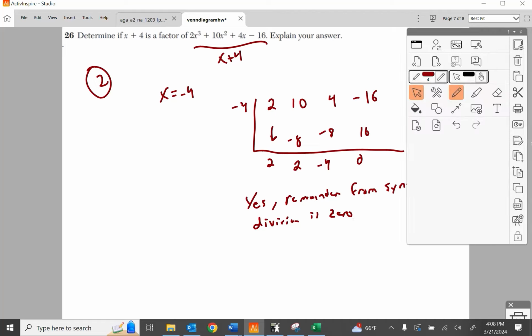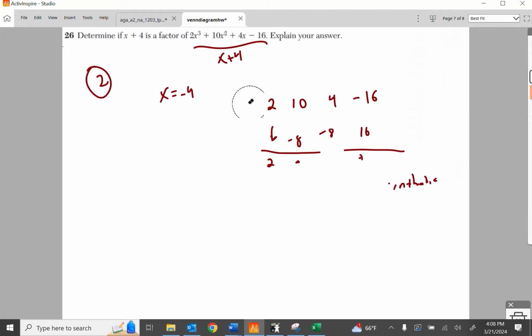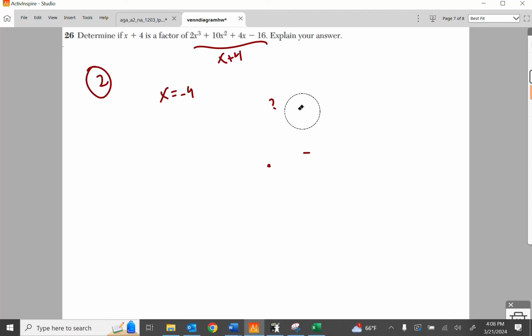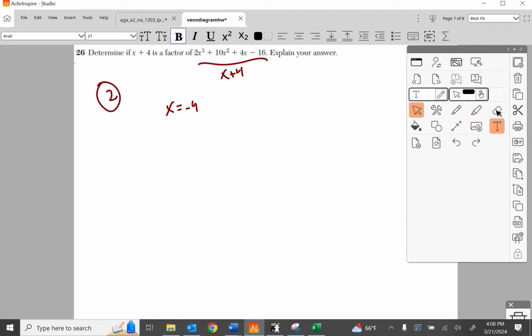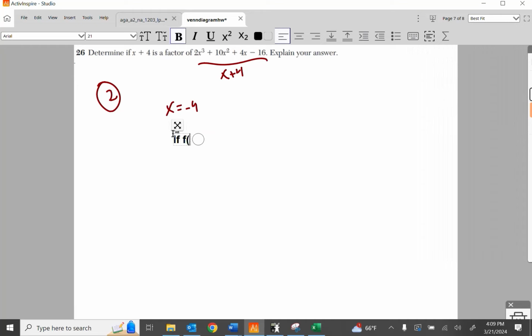The third technique comes from actually knowing what's called remainder theorem. So there's a little theorem out there called remainder theorem. And remainder theorem says if f of c equals 0, comma, then x minus c is a factor.